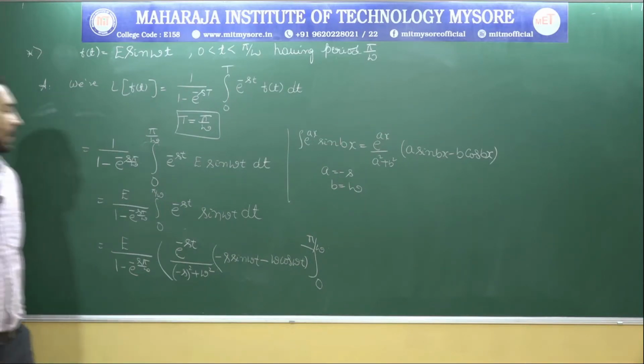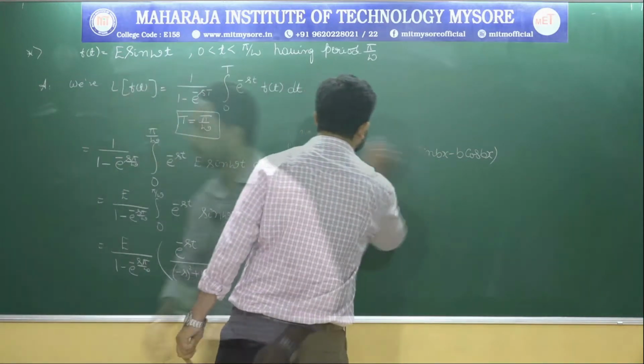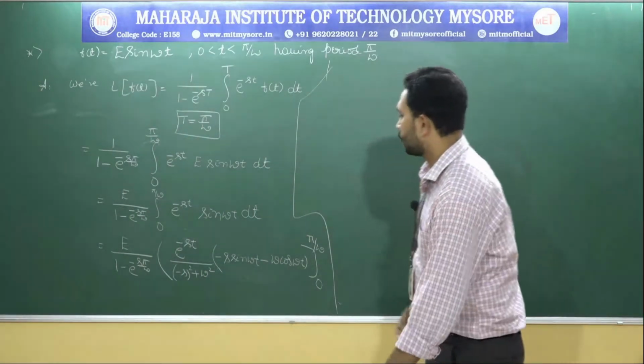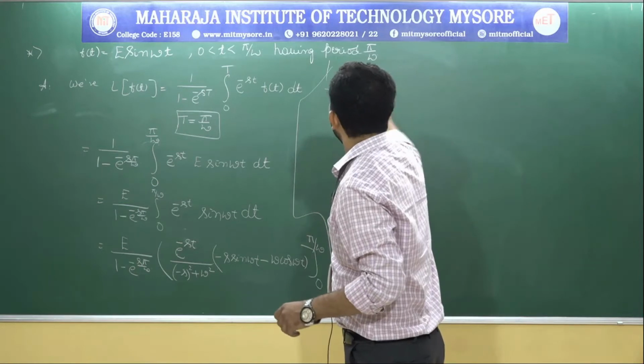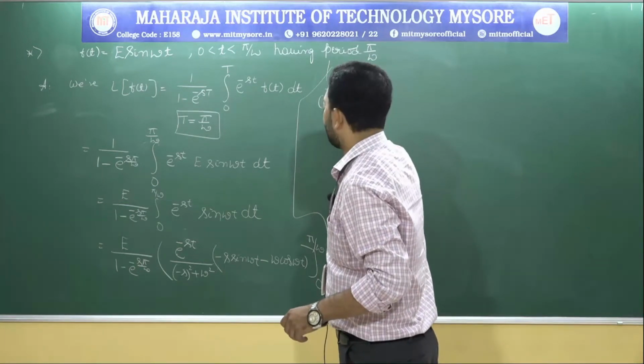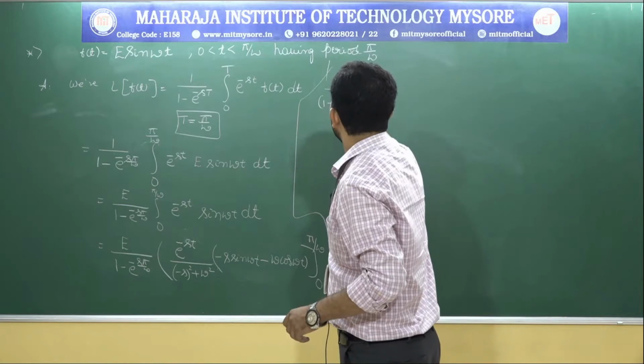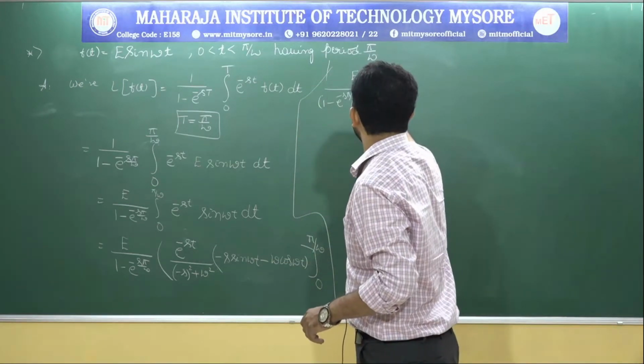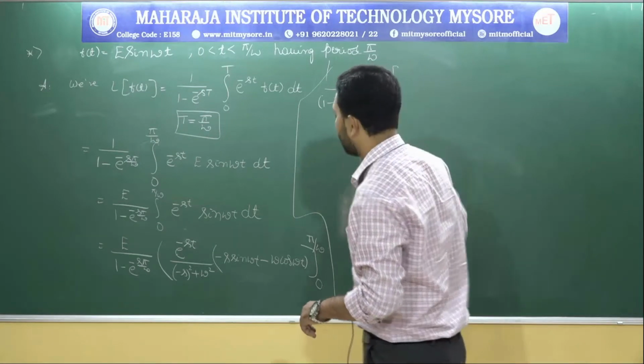Now apply the upper and lower limits for this. So what is the upper limit? So e divided by 1 minus e power minus s pi by omega into minus s square, it is plus s square plus omega square, it is also constant, take it outside.